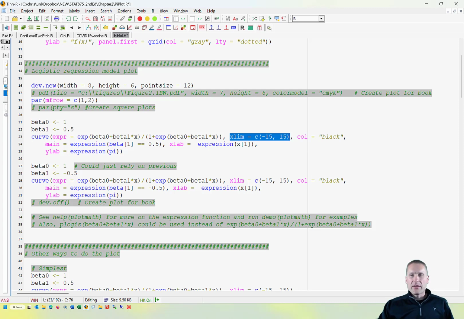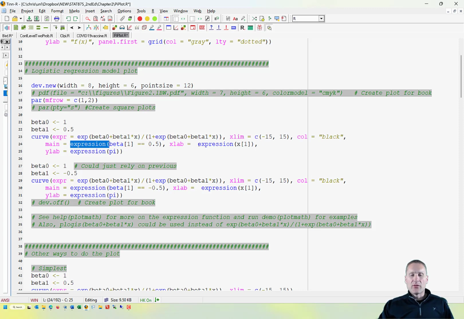Then I do some stuff that's kind of fancy where I get some Greek letters on my plot. You don't have to do this if you don't want to. Simply I say I want the Greek letter beta. I want a subscript, so I use a bracket 1 end bracket. I want to say that beta 1 is equal to 0.5. Well, I had to actually use a double equal there. And then I use the expression function to tell R, hey, this is an equation that I'm working with in terms of how I want to display it in the graphics window.